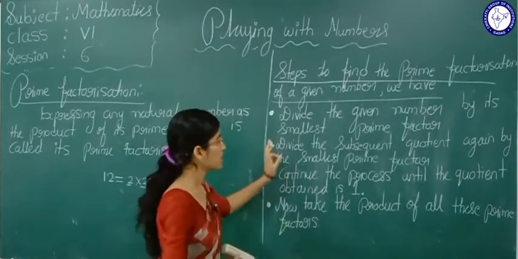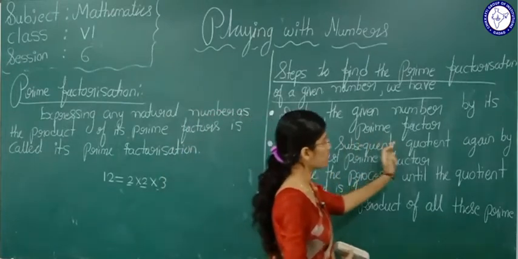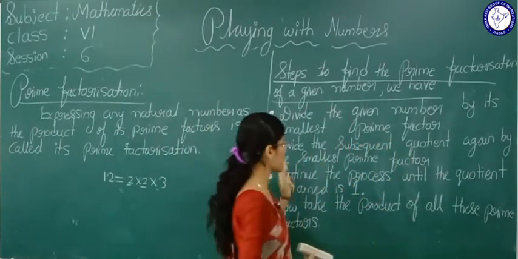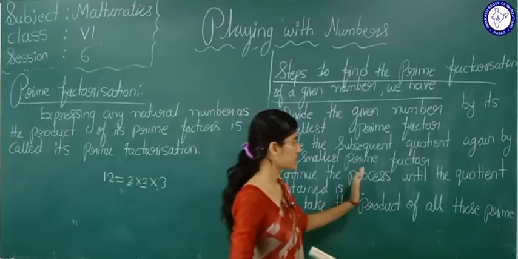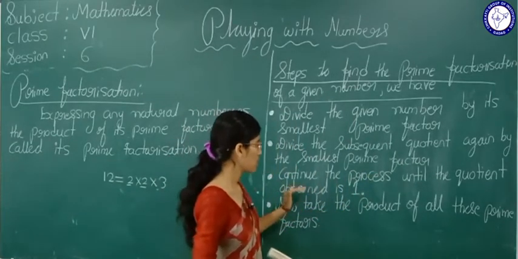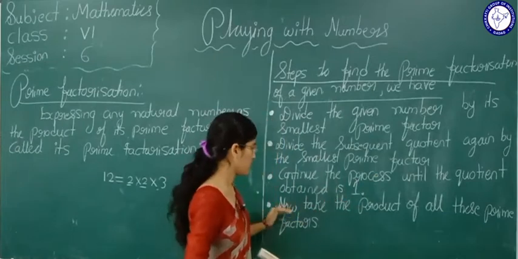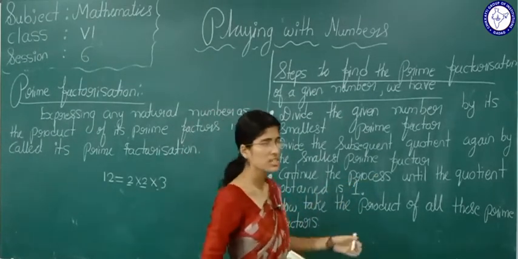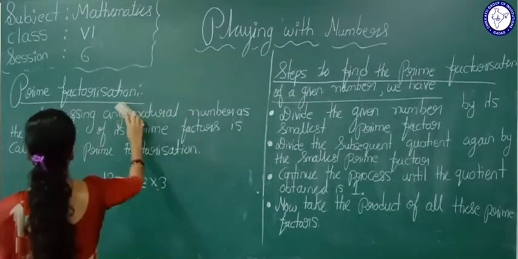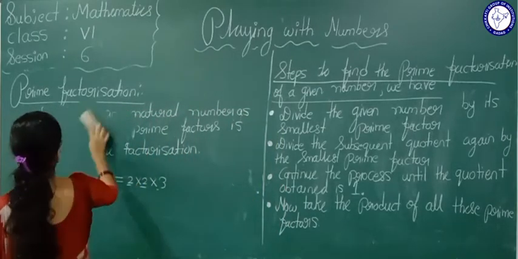Next, divide the subsequent quotient again by the smallest prime factor. Continue the process until the quotient obtained is 1. Now take the product of all these prime factors. We will take one example and solve it, so we will understand, okay students.